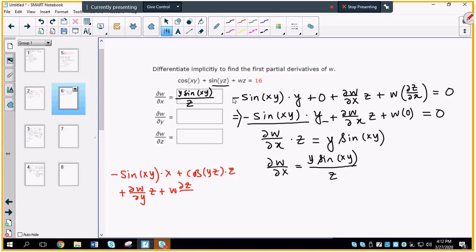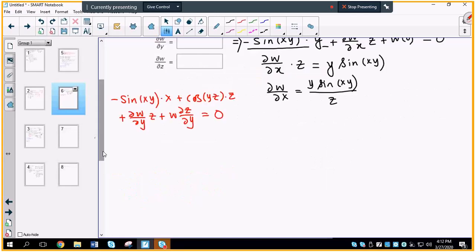So I'm writing this term, but I don't have to write it, as I know both y and z are independent variables, so the partial of z with respect to y is going to be 0. This is the left hand side, the right hand side is the derivative of 16, so that is 0. So what we are going to have is minus x sine of xy plus z times cosine of yz plus del w del y times z equal to 0.